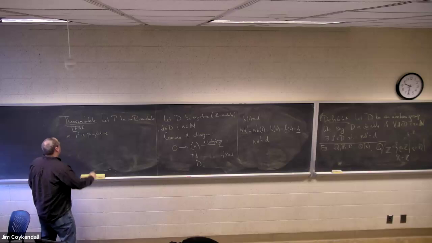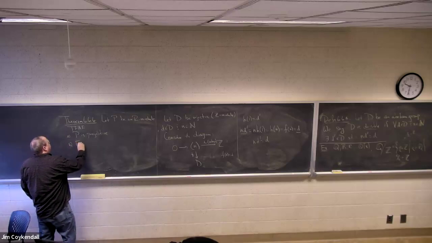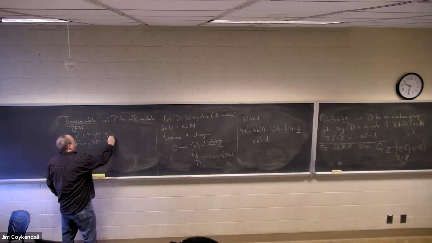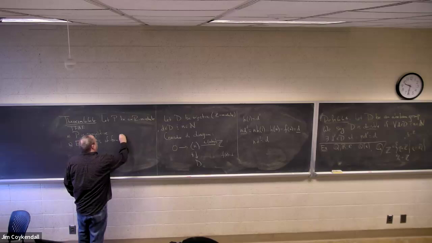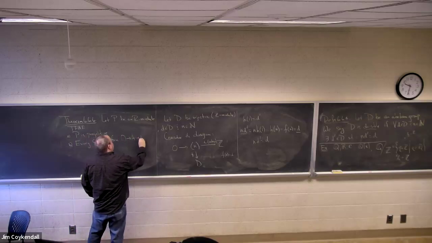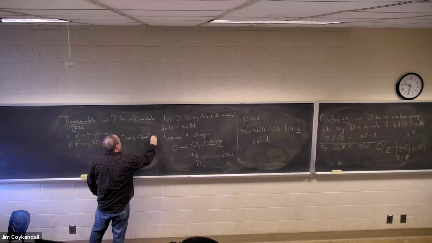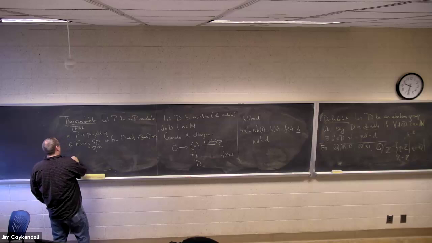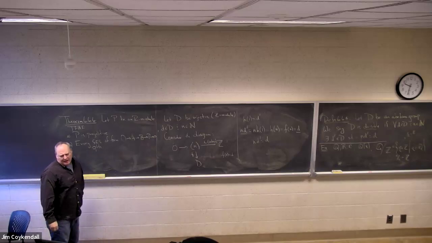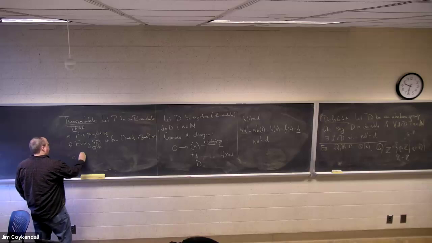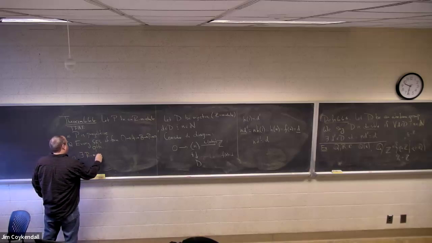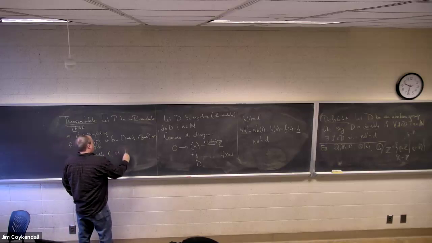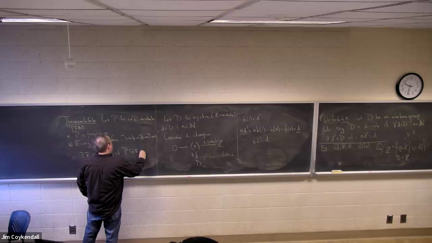Next one, every short exact sequence of the form 0, A, B, C, 0 splits. And C, there exists an R module K such that P direct sum K is free.